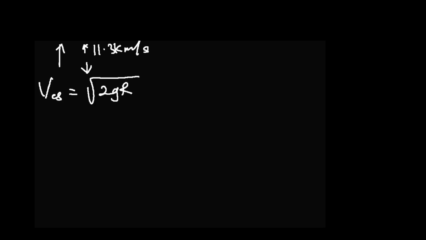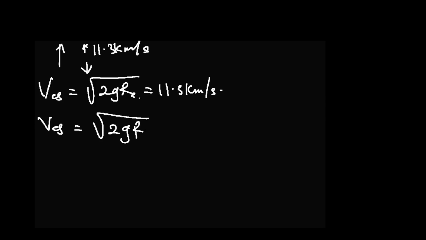So if you put the radius of the earth in this equation, you will have this value, 11 kilometers per second. But if I replace the radius of the earth with the radius of the moon, we have a velocity of 8 kilometers per second.